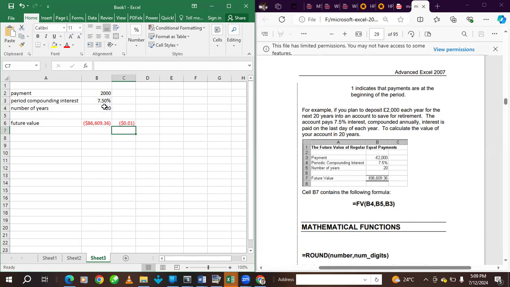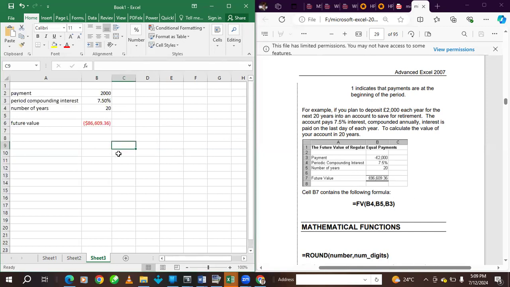So it's good you understand the order and naming of the cells. Once you understand, you get the same answer as displayed here. You take the interest rate, you multiply by the number of years, and after that you multiply by the payment. That's how you work with this kind of financial functions.